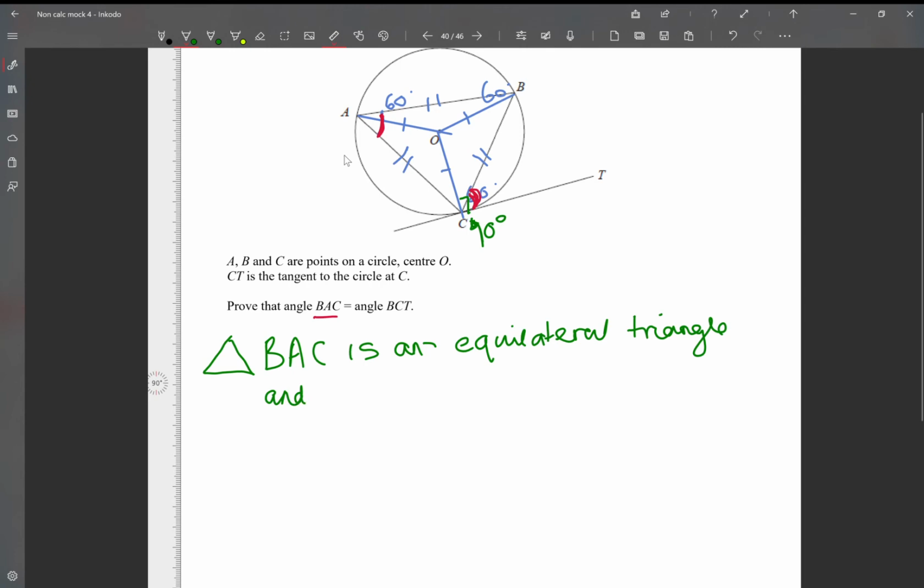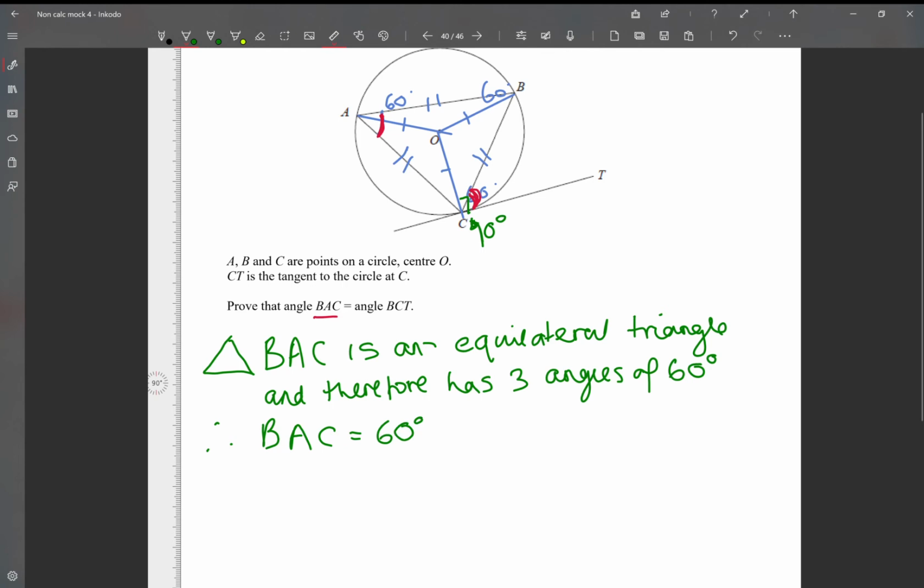And therefore has three angles of 60 degrees. Okay, and then therefore BAC, which is the one we were talking about, equals 60 degrees. Okay, so it's kind of shown that one there.